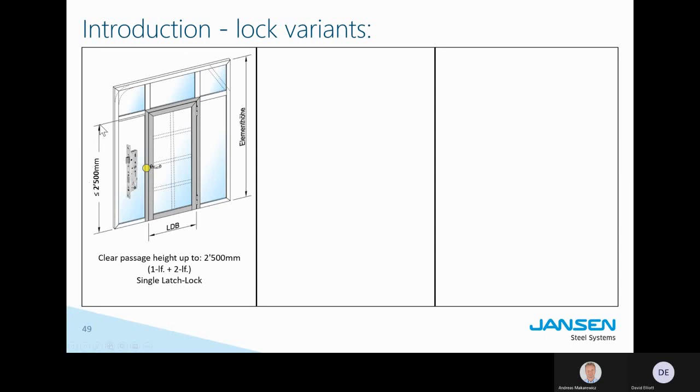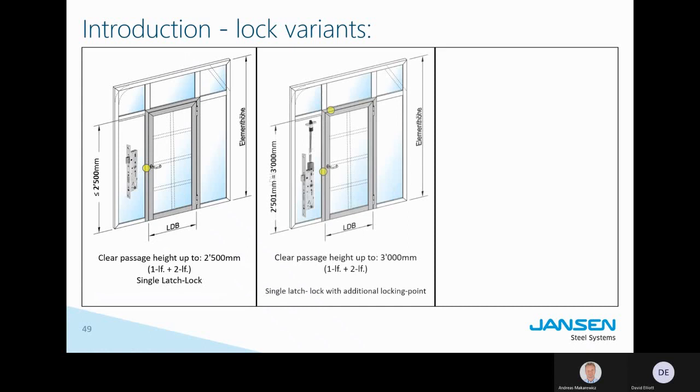We make a distinction between doors up to 2.50 meters and above 2.50 meters. We equip them with different locks and different locking systems. Up to 2.50 meters, you can use just a single latch lock. This is good enough for most doors.